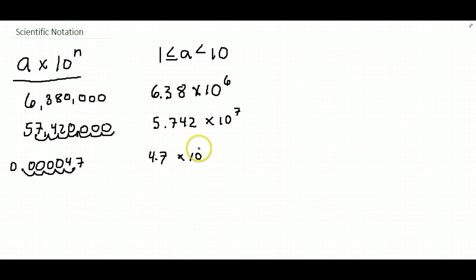So that's 10 to the negative 5th power. So 4.7 times 10 to the negative 5th power. And in this instance, we want to write that as a negative exponent. So 4.7 times 10 to the negative fifth is the scientific notation for 0.000047.